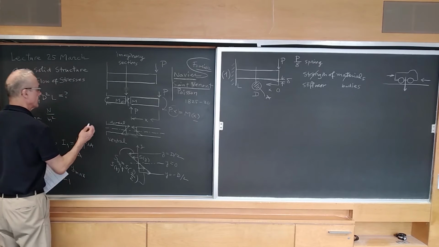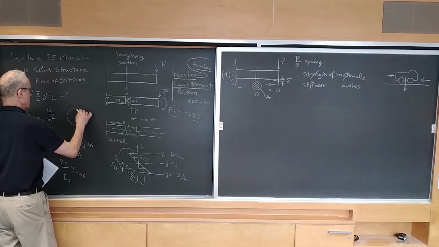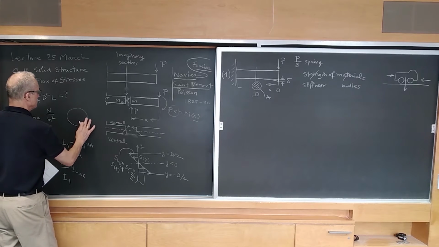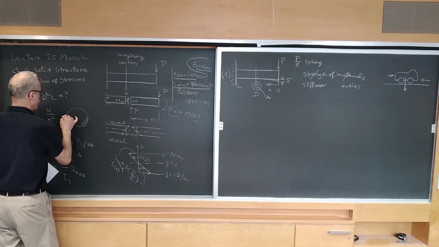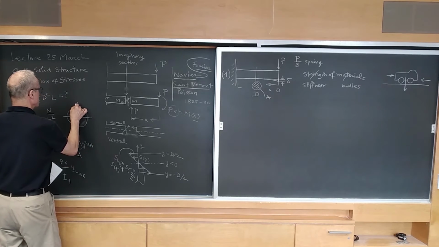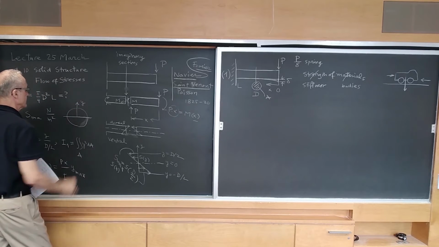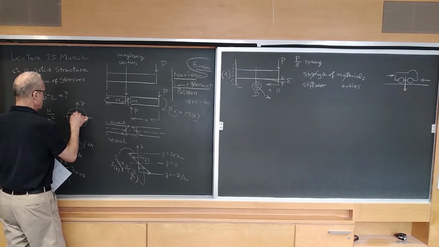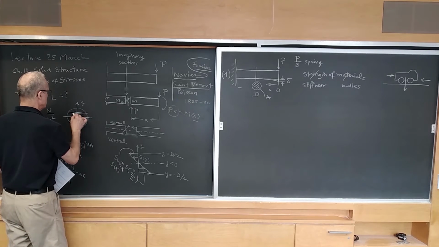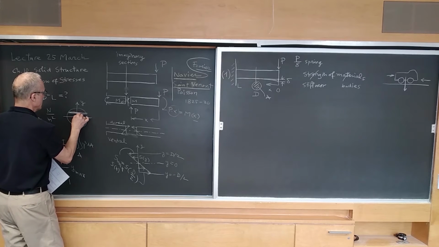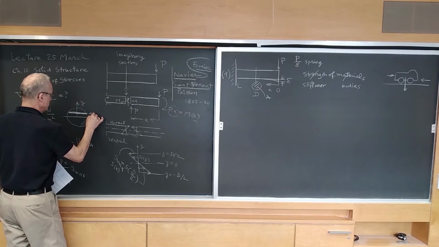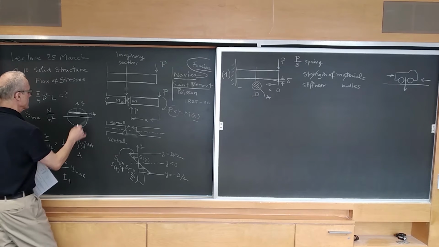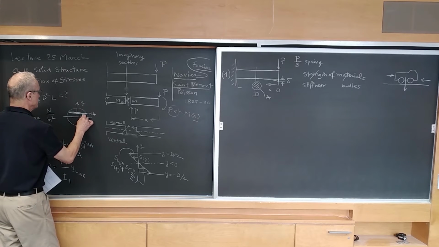In fact, let me draw that cross-section this way here. And if in the cross-section y is measured vertically, then dA is this area element, and y, of course, is the distance through it.